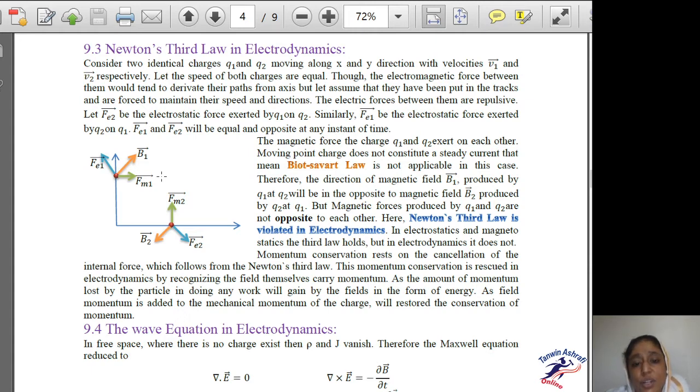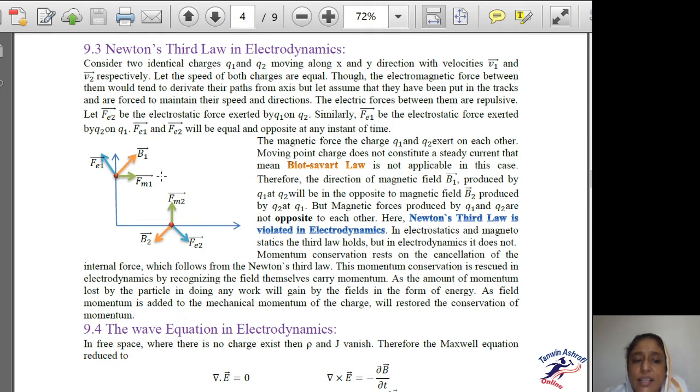Momentum conservation rests on cancellation of the internal force, which follows from Newton's third law. Now, this momentum conservation is rescued in electrodynamics by recognizing that the fields themselves carry momentum. The amount of momentum lost by the particles in doing any work will be gained by the field in the form of energy.